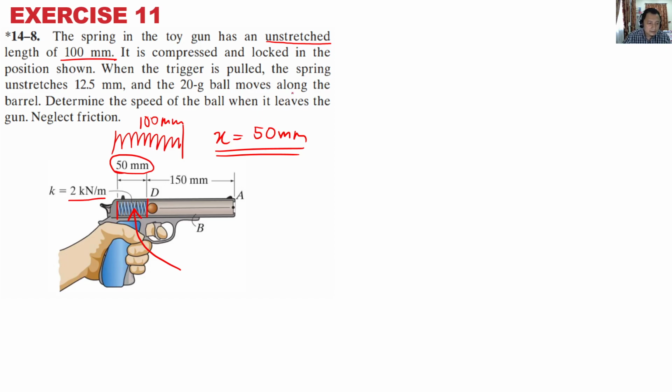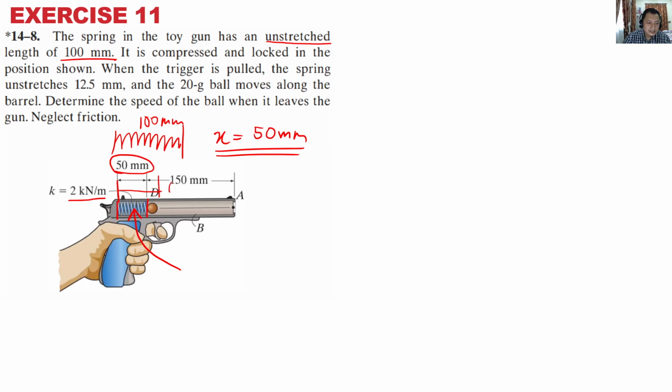Bila dia release trigger ni, dia bukannya release the whole length kan? Okay, maksudnya spring tu tidak menjadi original length macam ni. Tak. Dia cuma gerak, unstretches 12.5. I think this is what he means kot.